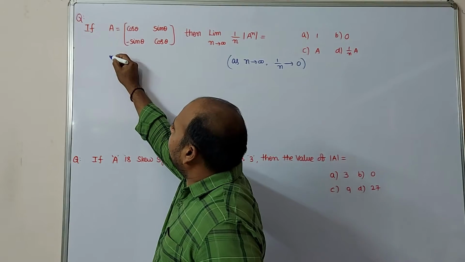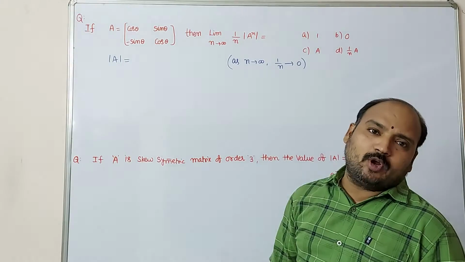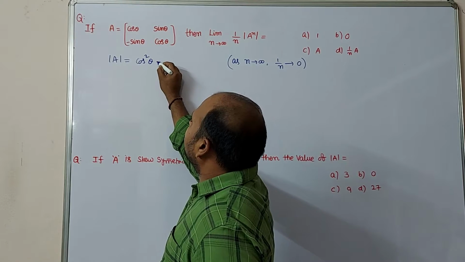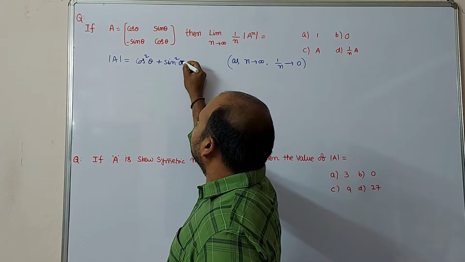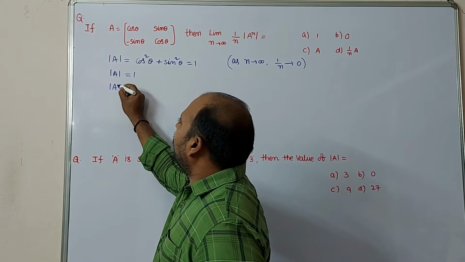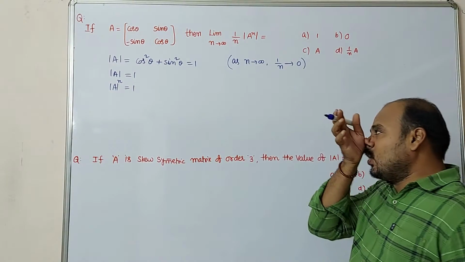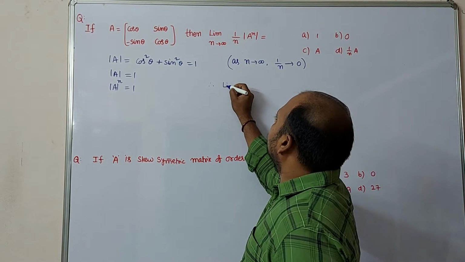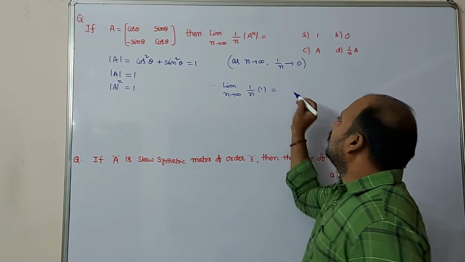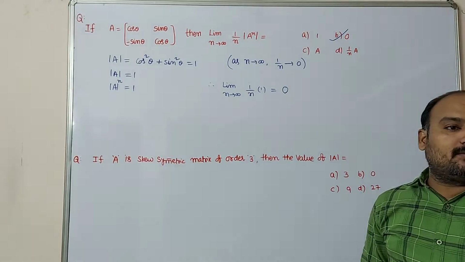Because det A for a 2 by 2 matrix a, b, c, d is ad minus bc. So cos theta into cos theta, minus of minus sin theta into sin theta, gives cos square theta plus sin square theta, and that value is 1. So det A is equal to 1, and det A power n is 1 power n, which is also 1, since 1 power anything is 1. So the given limit becomes limit n tends to infinity of 1 by n into 1. As n tends to infinity, 1 by n tends to 0. So the answer is B.